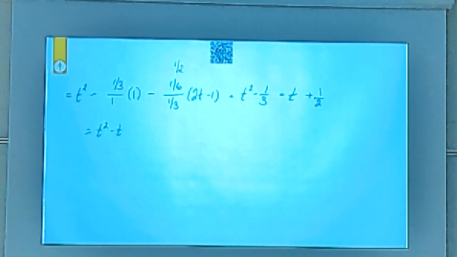What is a half minus a third? Are those integer coefficients? How are we going to make them integers? Multiply by 6. There you go. There's W3.